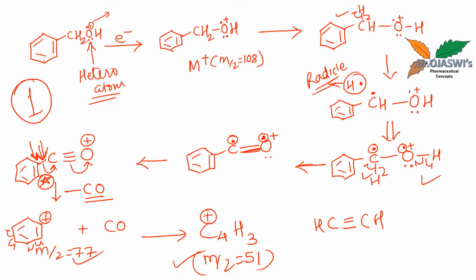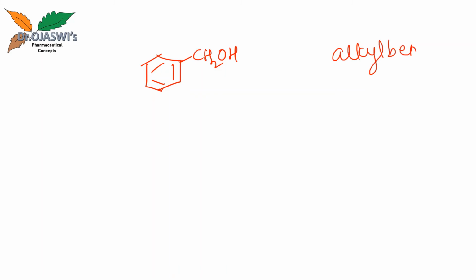What is the second possible pathway for this particular structure? Let us see that. If I write this structure again and you closely observe it, this looks like an alkyl benzene. Alkyl benzene fragmentation we have already learned. We have already learned the tropylium ion formation.